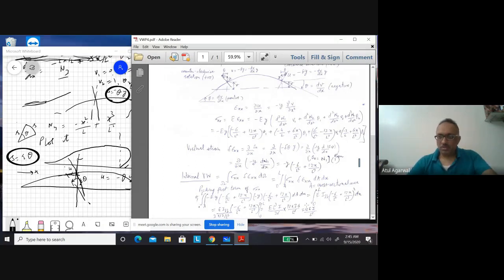So you see this expression is getting multiplied with V1, that is the vertical displacement of node 1.